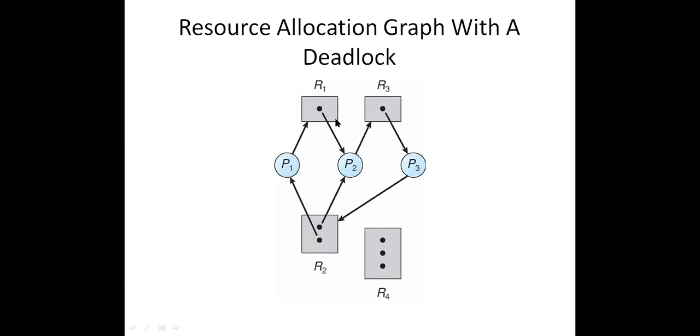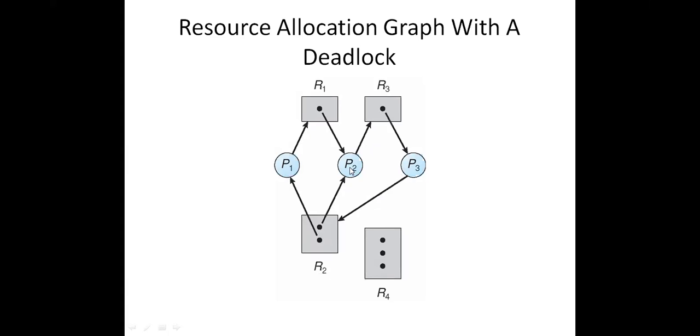The outer part is the deadlock. This one is already allocated to P2. No need to worry about this particular line. This resource was already allocated to P2.